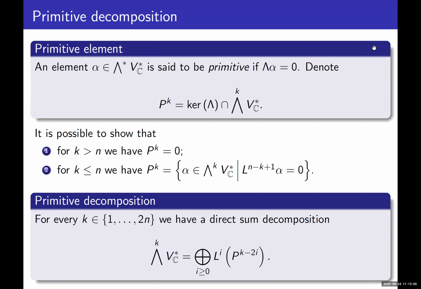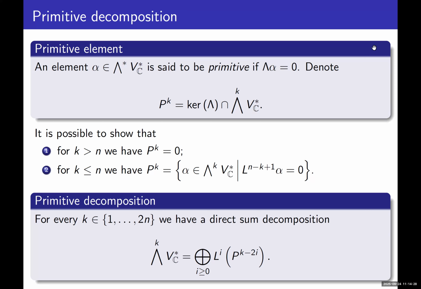So, in fact, VC, the complexification, has dimension 2n, and this n is the complex dimension of V. While for k small, less than or equal to n, actually we can compute the set of primitive forms as the ones which are annihilated not by lambda, but by a suitable power of the Lefschetz operator itself.